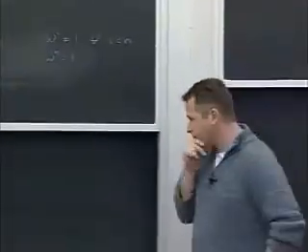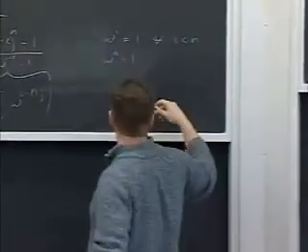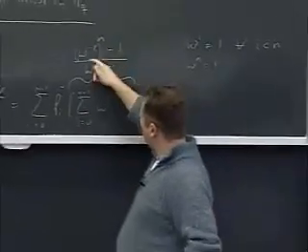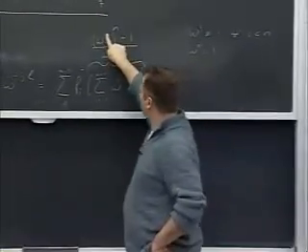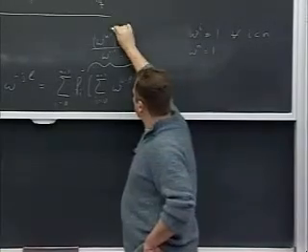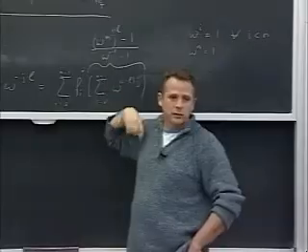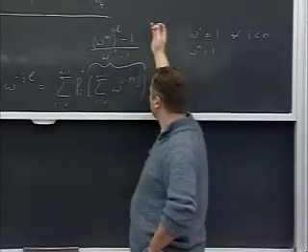So it's an element of order n. That means the nth power is 1, so 1 minus 1 is 0.